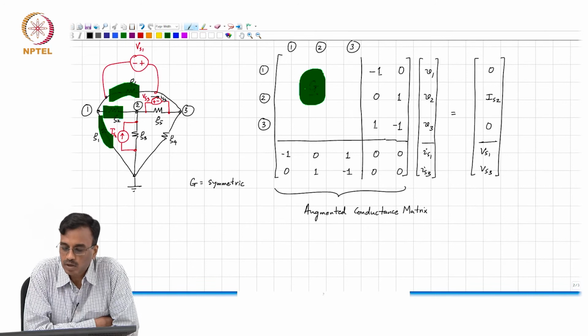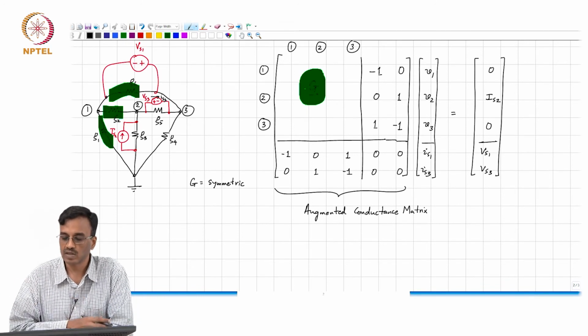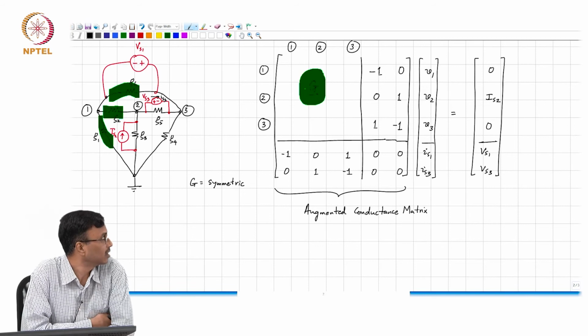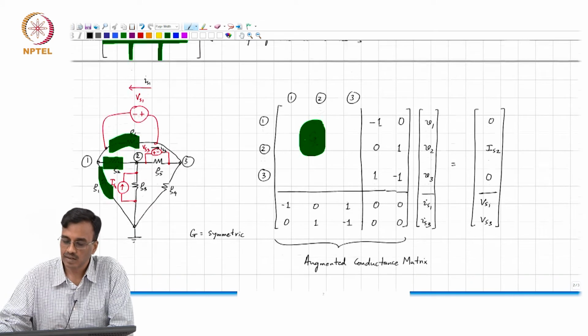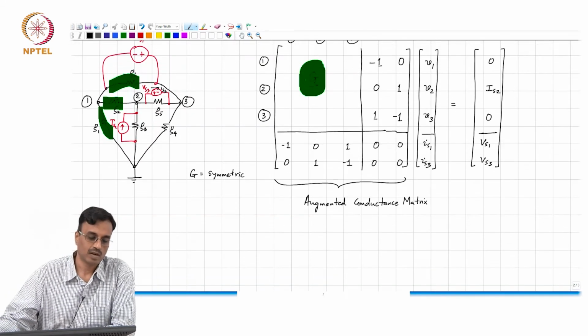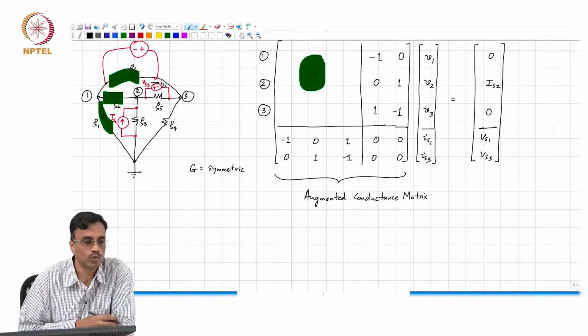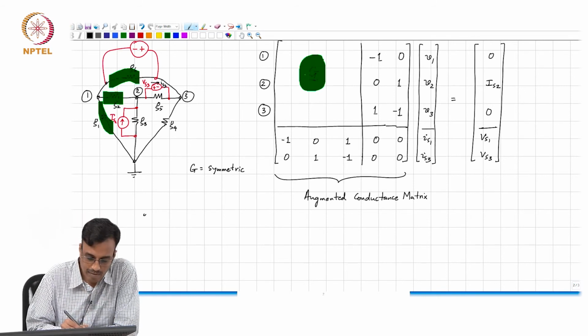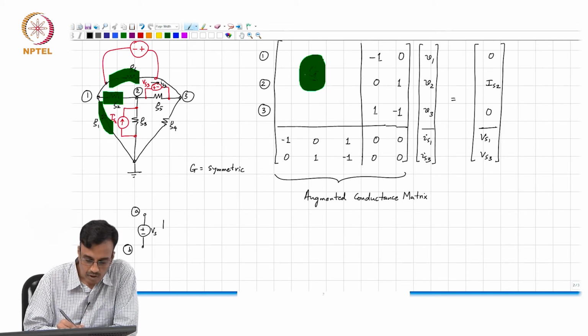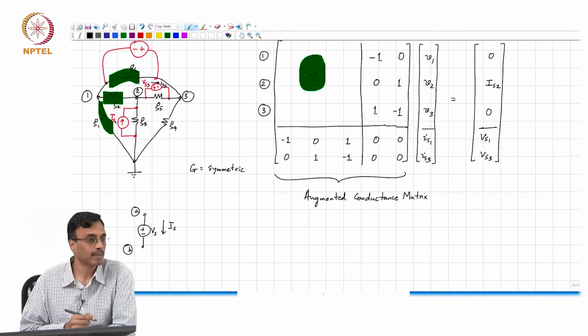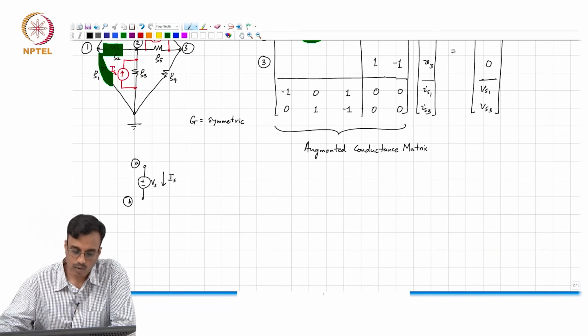And you can therefore solve this set of equations and then in one shot get all the node voltages and currents through the independent sources. So, this analysis is basically telling us what to do when you have a voltage source between nodes A and B and Vs. You add a new unknown Is, and what happens?